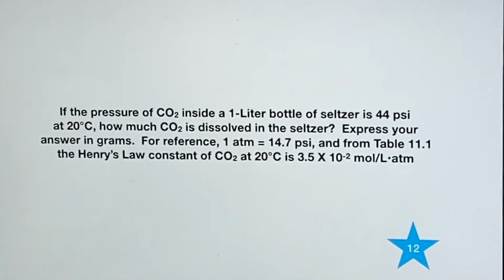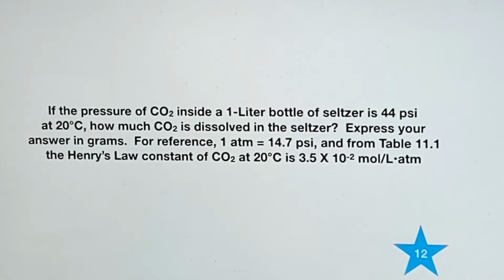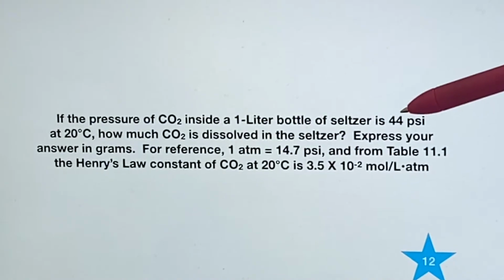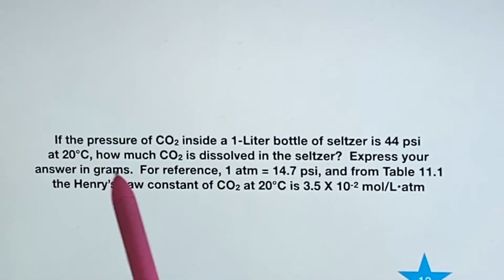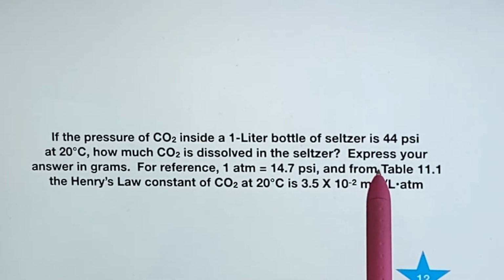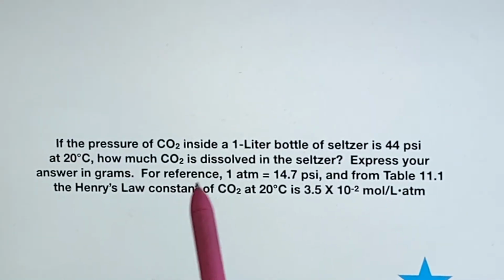And now we'll work a little puzzle. You could go buy a 1 liter bottle of soda pop. We have a pressure, and it says it's 44 psi, and that is happening at 20 degrees Celsius, and they want to know how much carbon dioxide is dissolved in the seltzer. And they want the answer in grams. Fortunately, they're giving us some references.